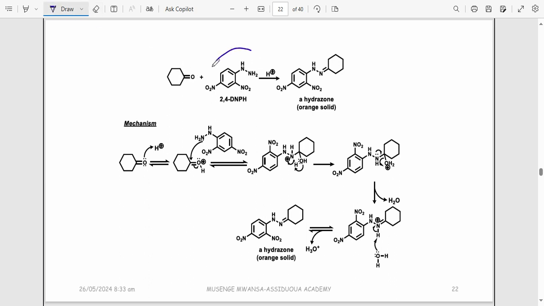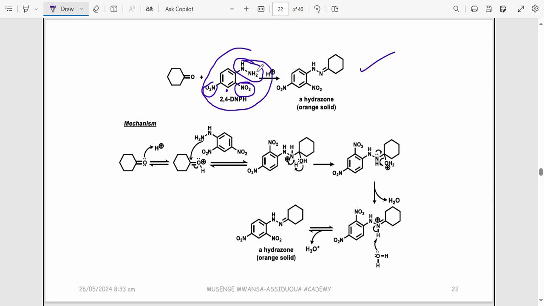And this is 2,4-dinitrophenylhydrazine. Basically a benzene ring, and then you have got two nitro groups, skipping a carbon in the middle, and then at the end you have got a nitrogen attached to one hydrogen and attached to one amine. You can see the product that you produce.